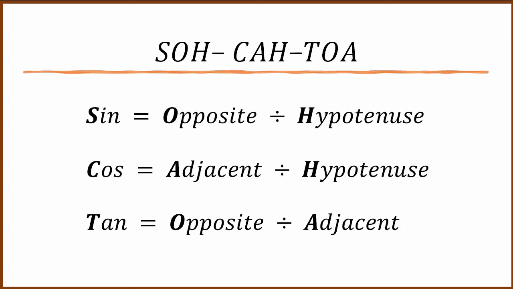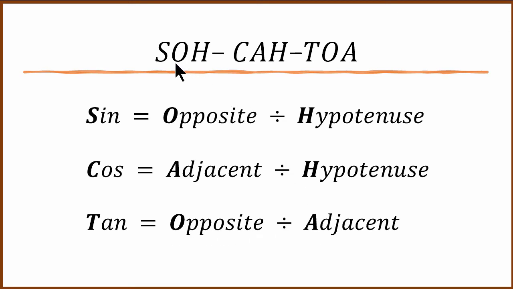Let us see a common method that is used to remember the ratios sine, cos, and tan. It is called SOH-CAH-TOA. It's quite a common method to remember that sine is opposite divided by hypotenuse, cos is adjacent side divided by hypotenuse, and tan is opposite divided by adjacent.